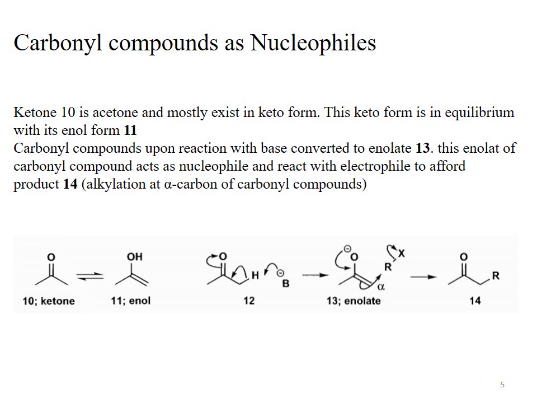See over here, this is the carbonyl compound. A proton is abstracted by a base and the carbonyl compound is converted to enolate, and the alkyl group is introduced at the alpha carbon. So this is alkylation at the alpha carbon of the carbonyl compounds, and in these compounds, the carbonyl compound is acting as a nucleophile.